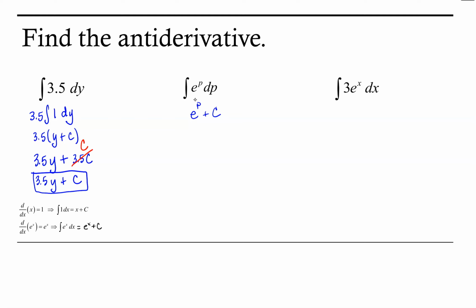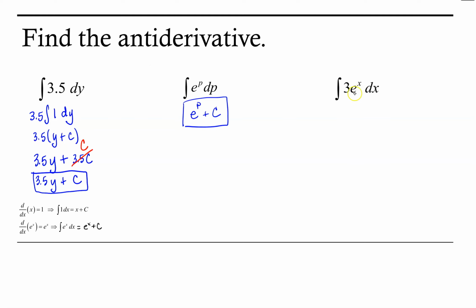And then I can double check my work by taking the derivative of e to the p plus c, again with respect to the variable p. We would end up with e to the p in our first term plus 0, which would give us the integrand that we started with. So that would be our antiderivative.